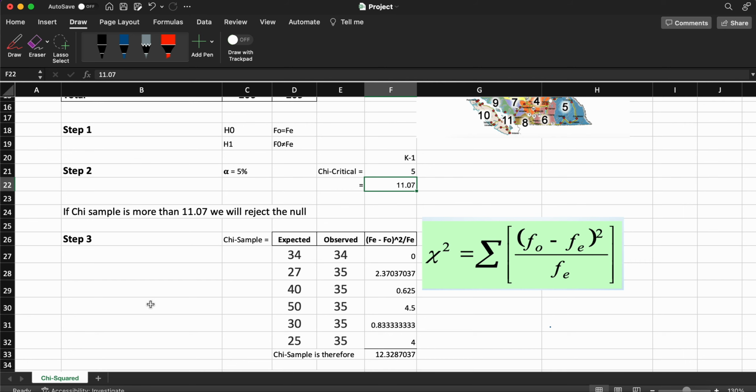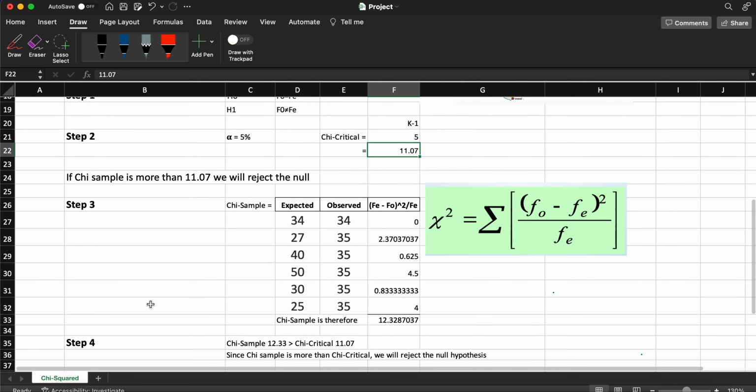And so in step 3, you want to run through the chi sample test. And that is the formula right here in green. It's chi squared equals the sum of observed minus expected, squared, divided by expected frequencies.